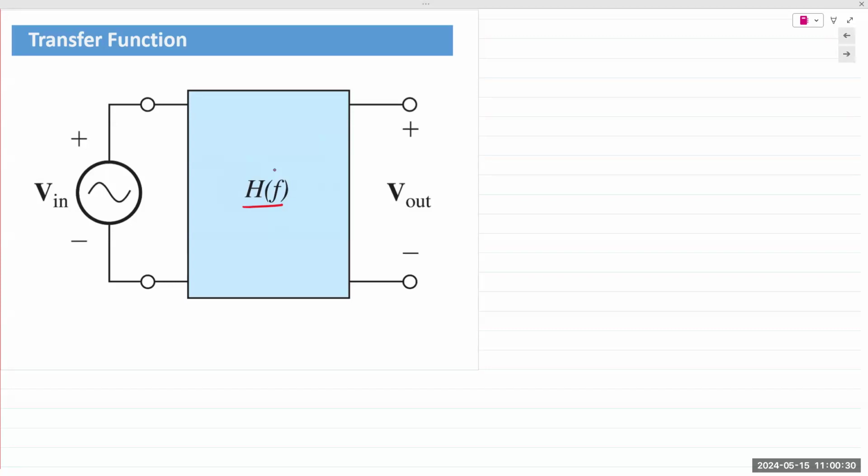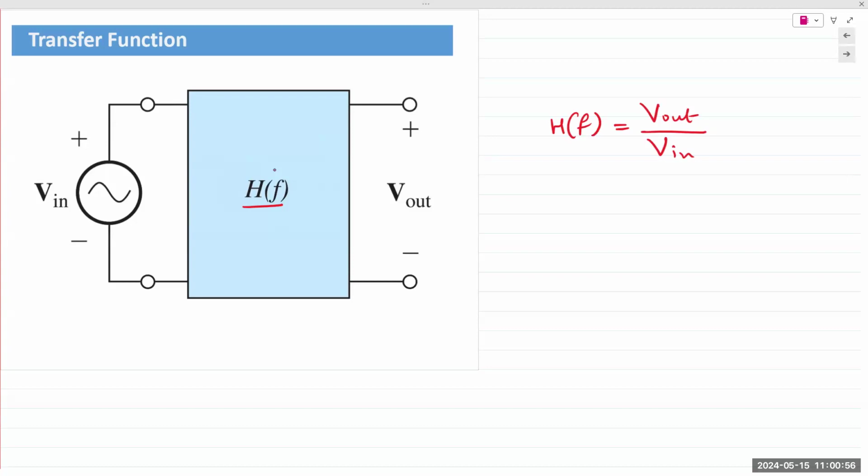So far, we have looked at quantities as a function of time. What is this a function of? Frequency. Hence, frequency response. Mathematically, it is simple. H of f simply describes the ratio of V out to V in. How is the input being transferred to the output?